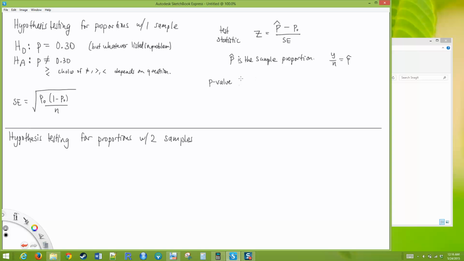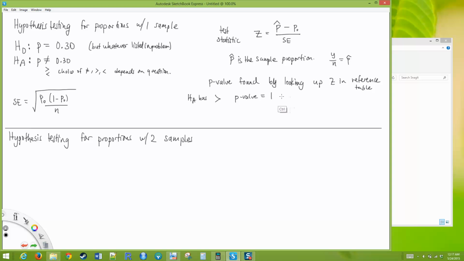And your p-value is found by looking up the z-score in the Z table, the reference table. If the alternative has greater than, the p-value equals the tail area to the right.